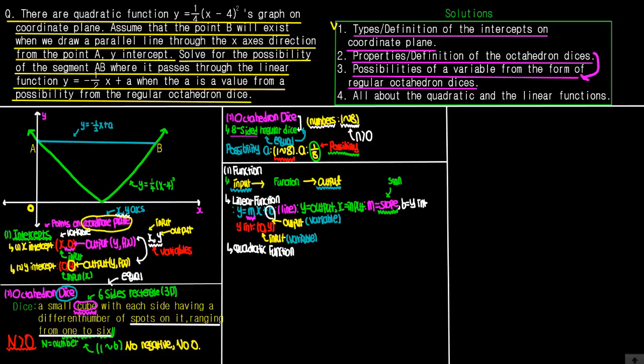Let's think about what a quadratic function is. There are basically three general types of quadratic function forms.